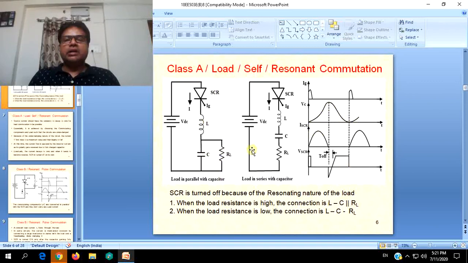And again, there are two types in this. When the load resistance is high, the commutating components are connected as shown here, with C in parallel, and when the load resistance is low, L, C and RL are all in series with the SCR.